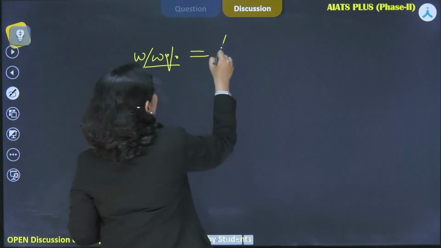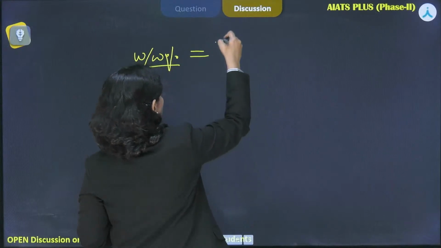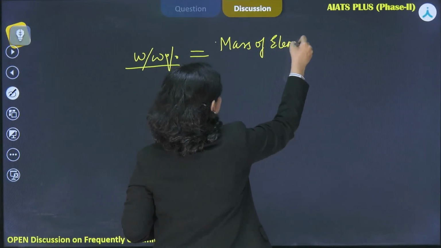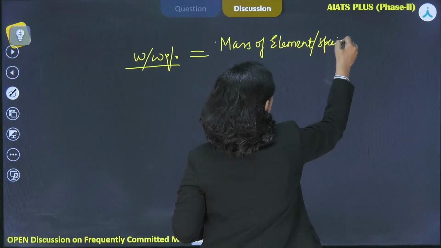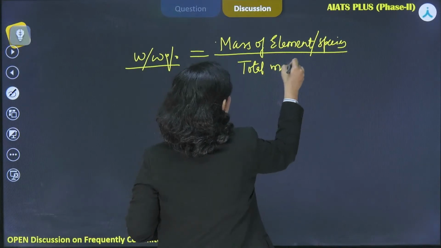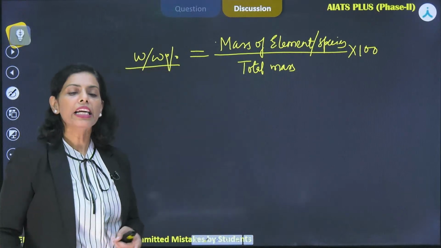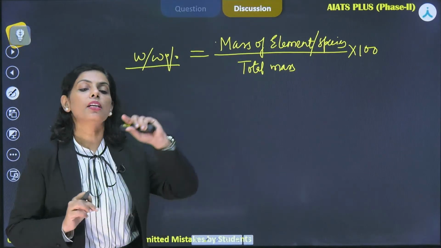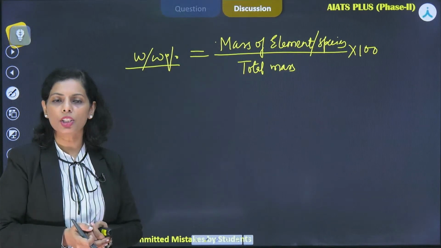The percentage of mass of element, if you are calculating: first you take the mass of the element or the species which is given to you divided by the total mass into 100. This is the simple formula that you apply. Even in a solution also, suppose you have a certain mass of the solution, and a certain mass of solute is also given. So mass of solute divided by the mass of solution, multiply 100, Lakshmi, right?